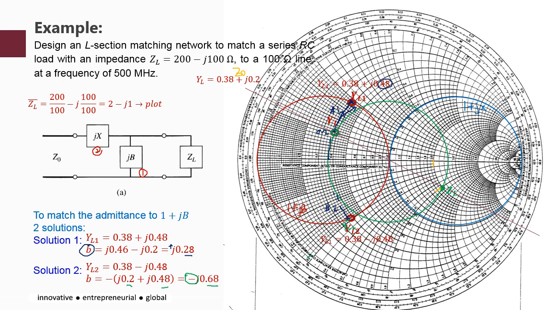From the positive B and negative B, you can decide which component to use, whether it is an inductor or capacitor. So the first element depends on the B.